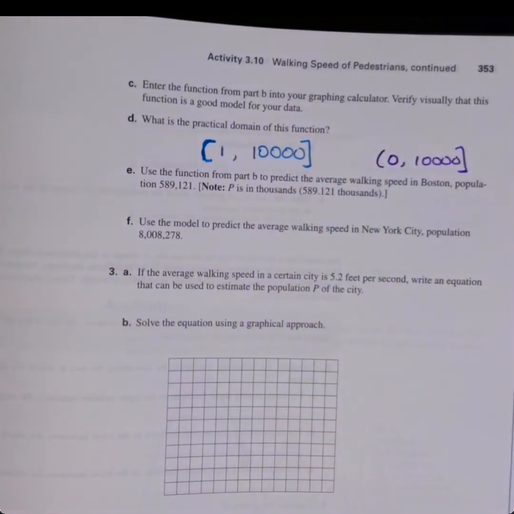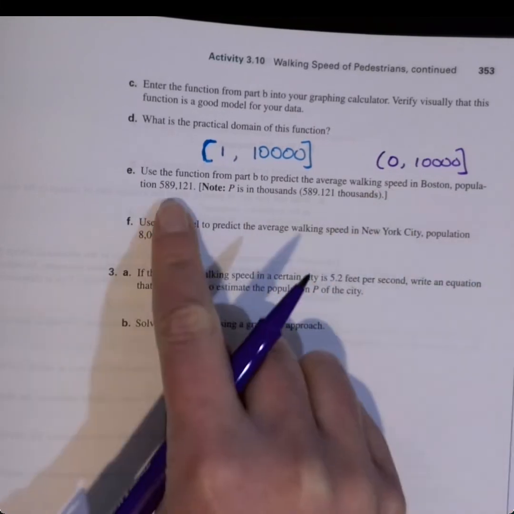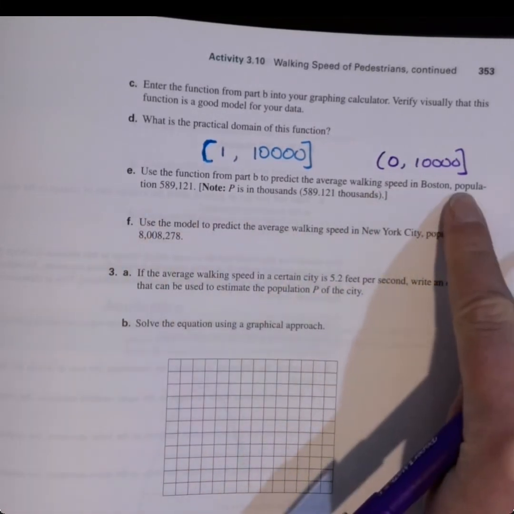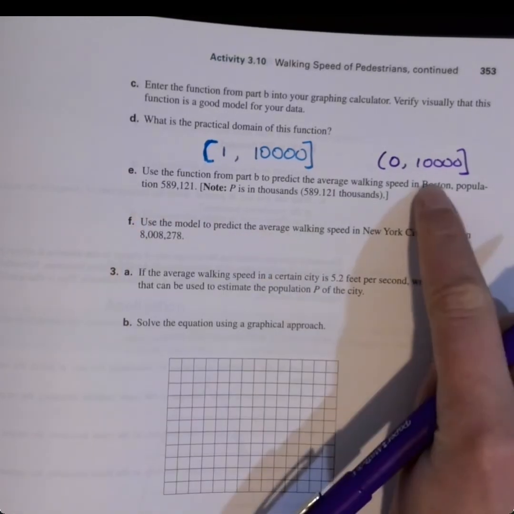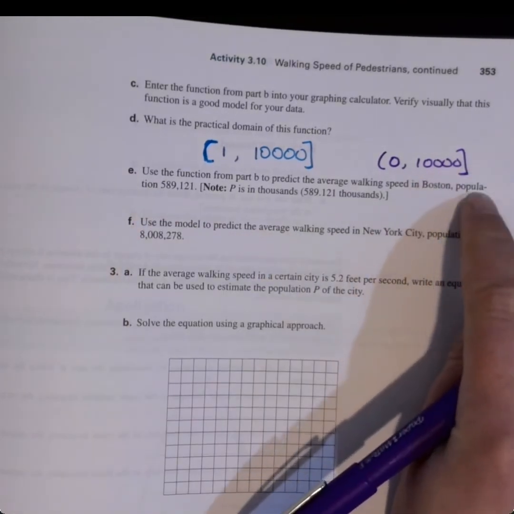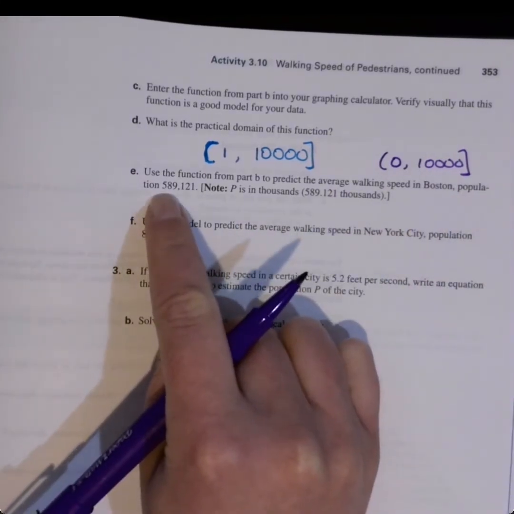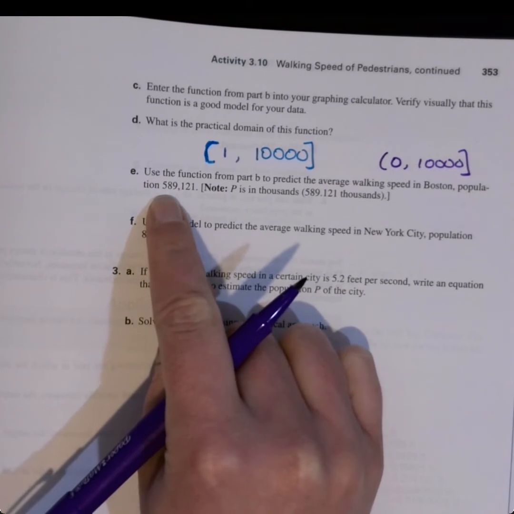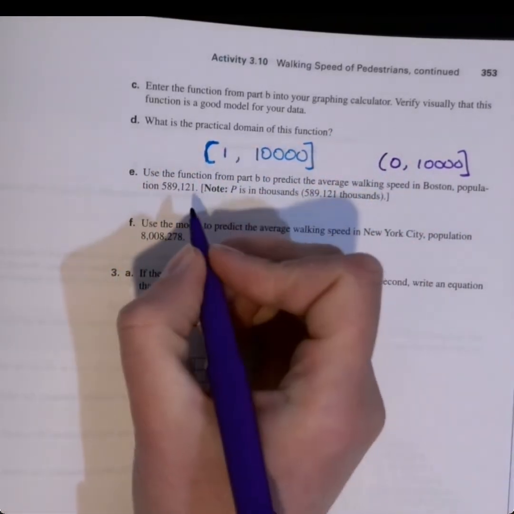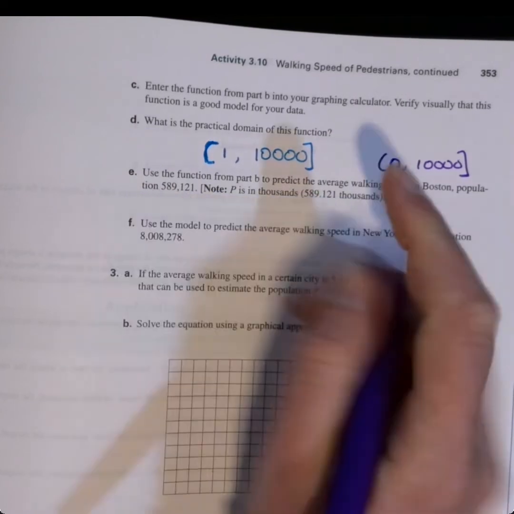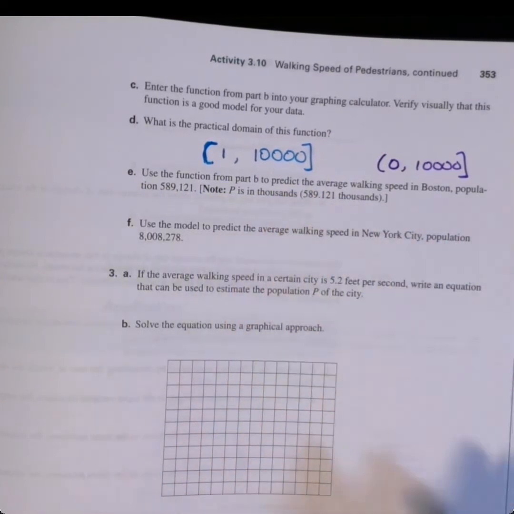Okay, so use my function to predict the walking speed for a population of 589,121. So the units are in thousands, so I'm going to want to plug 589.121 into my function.